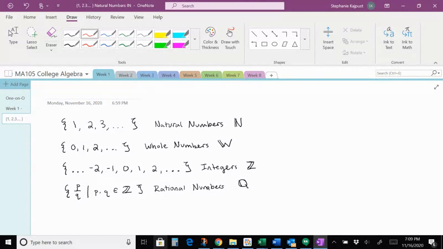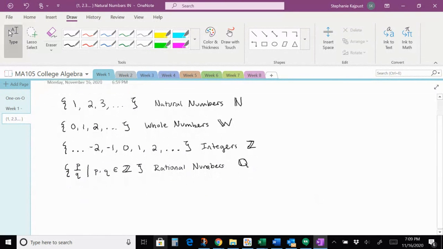So this is really where we get into set notation. This notation that I wrote is called set builder notation. And this notation is used when it's not possible to write the numbers as a pattern.